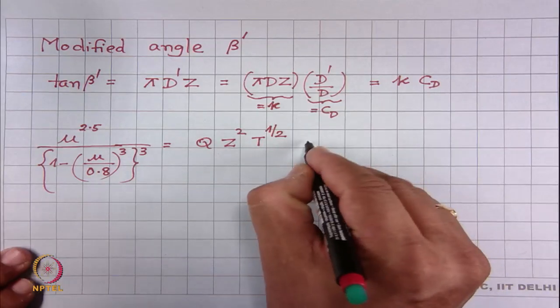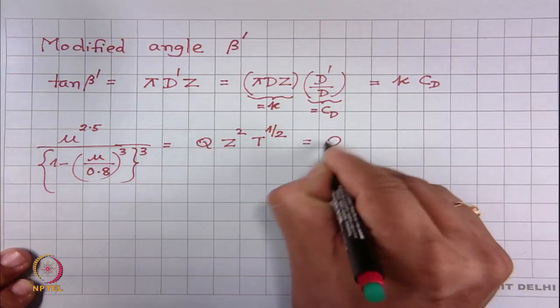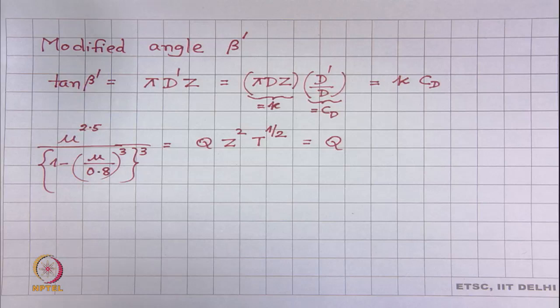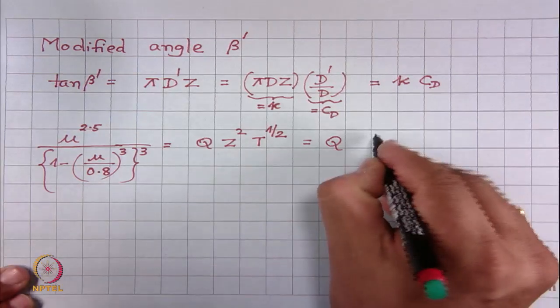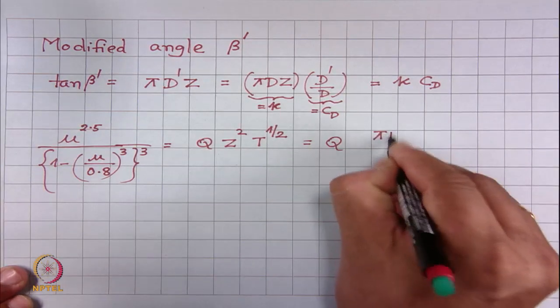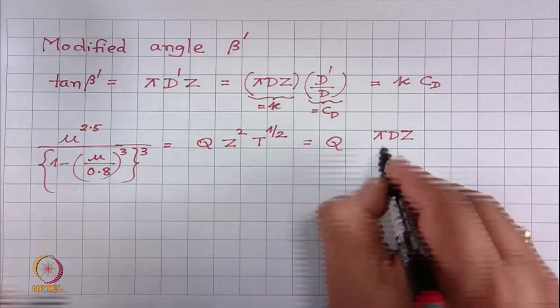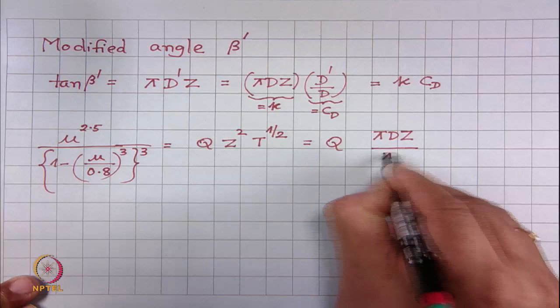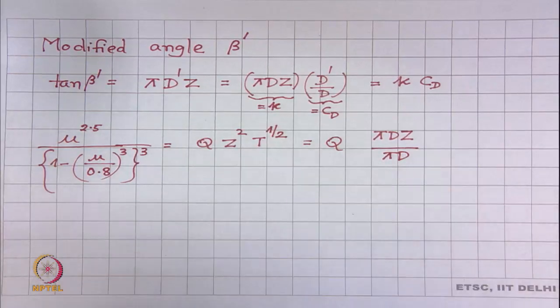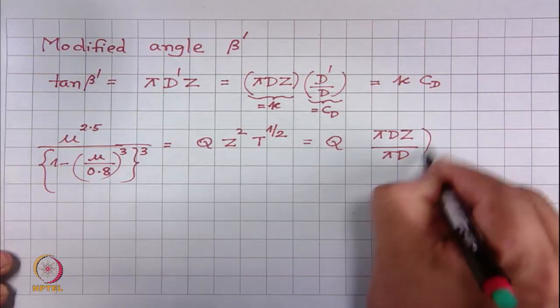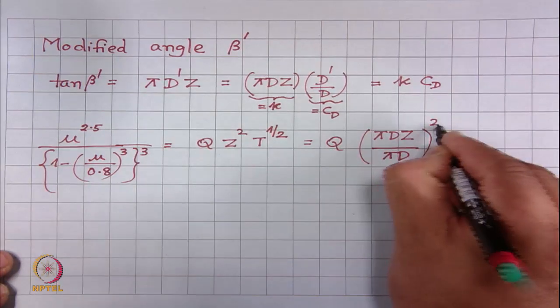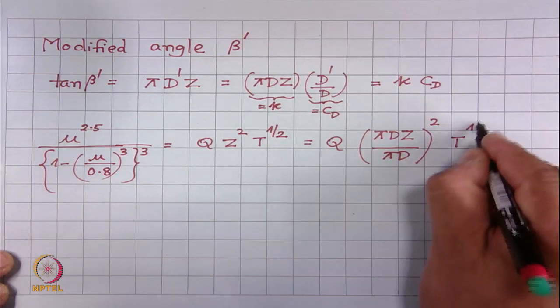So, let us write this expression Q. Instead of Z, we would like to write pi D Z divided by pi D, that is basically Z, square and T to the power half.